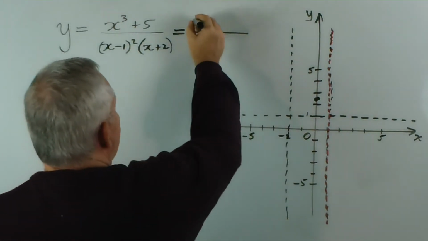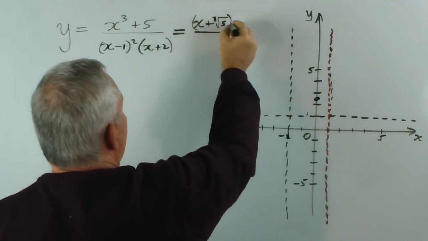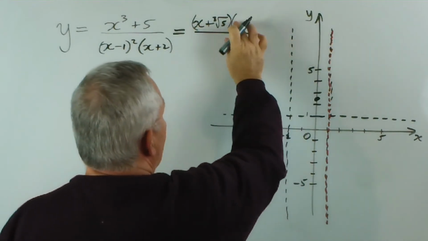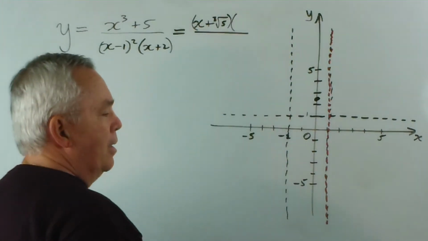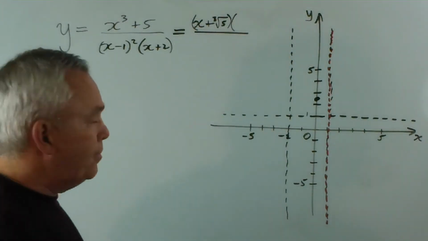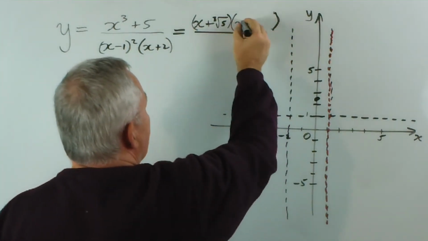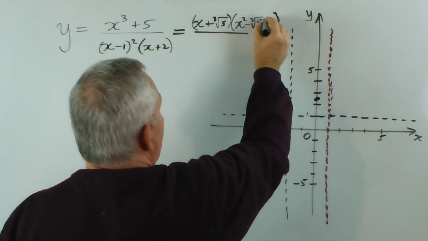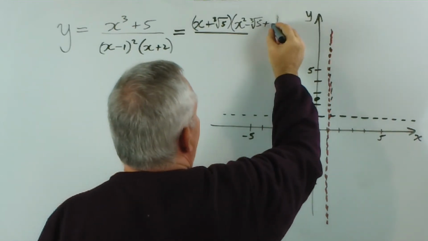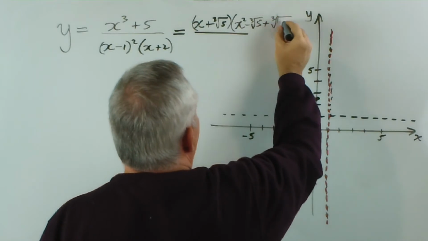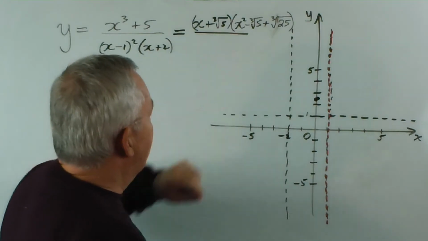So it could be x plus the cube root of 5 times x squared minus cube root of 5 x plus the cube root of 25, which is basically the cube root of 5 squared.